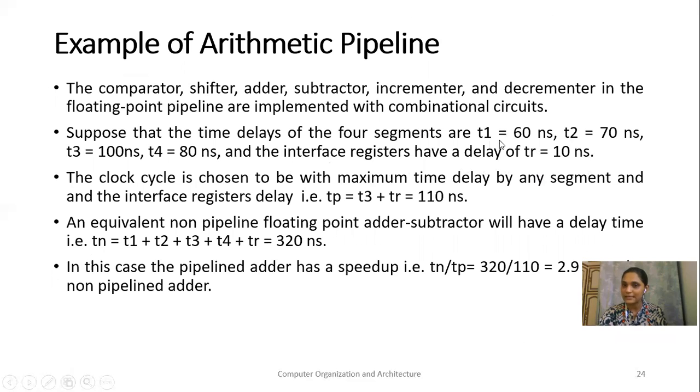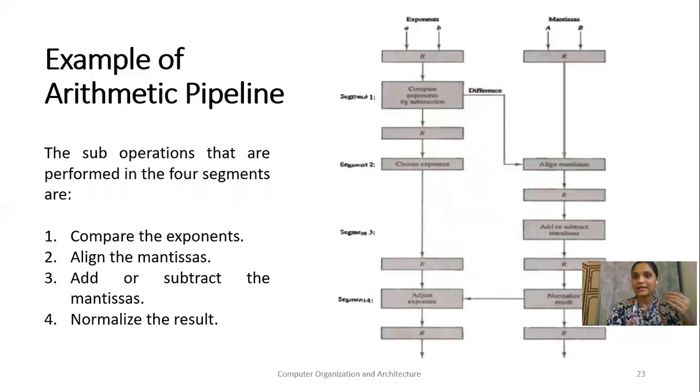So each segment will require its own time plus the time required to store the data into that register. Okay, so here we are doing parallel operation, right? For one data set you are using segment 1, for the second data set you are using segment 2, for the third data set segment 3, for the fourth data set segment 4, and so on.